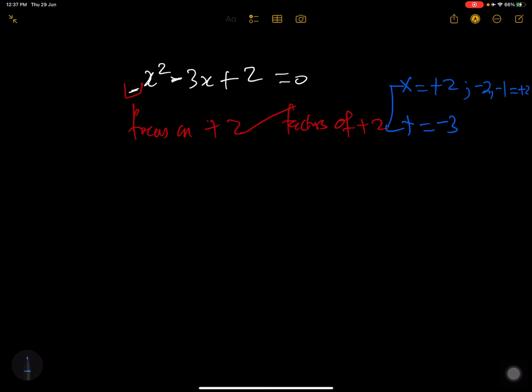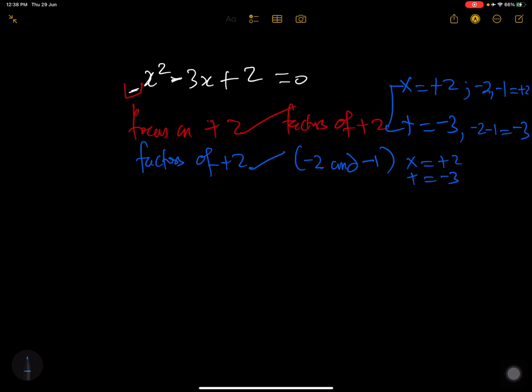But when we add negative 2 and negative 1, we get negative 3. So we can see that the factors of plus 2 are actually negative 2 and negative 1. When we multiply them, we get plus 2. But when we add, we get negative 3. And it satisfies what we're looking for.